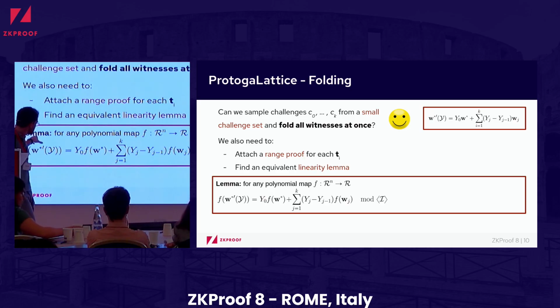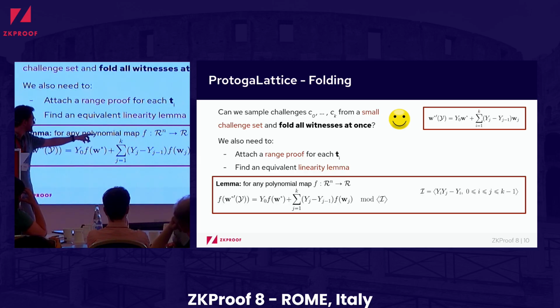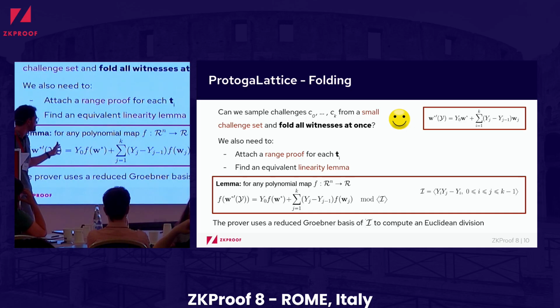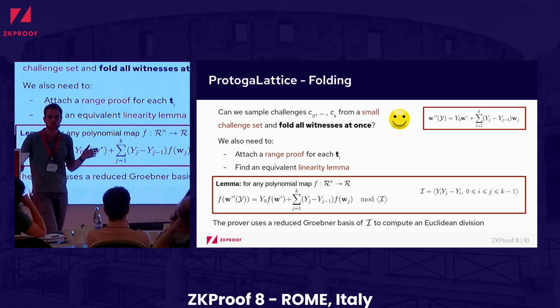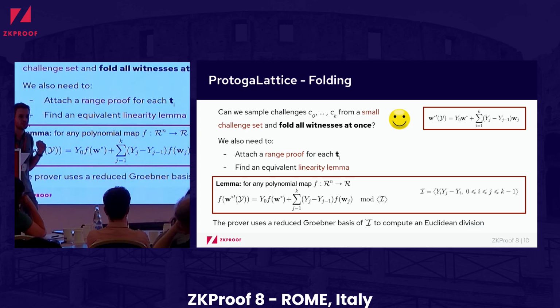So this lemma says that the function f actually still behaves as linear modulo an ideal I that has a basis like this. Complicated math, but what matters is that the prover can actually use the pre-computed reduced Gröbner basis of this ideal and compute a Euclidean division that turns out being nice, fast, and exact. So we managed to get an equivalent to the previous lemma with multivariate polynomials.